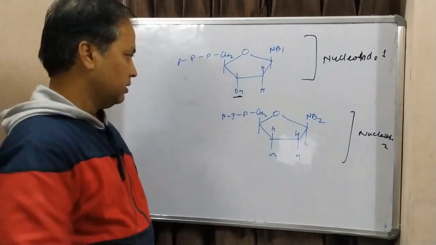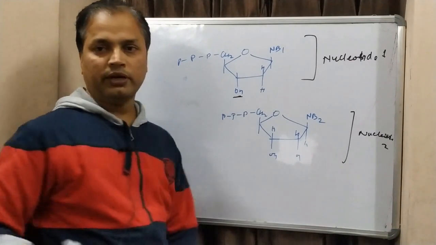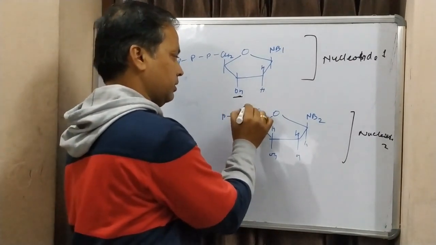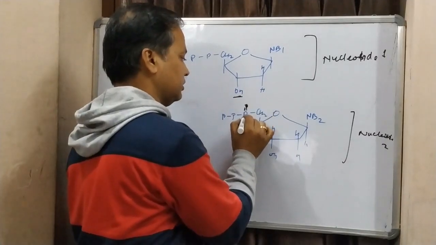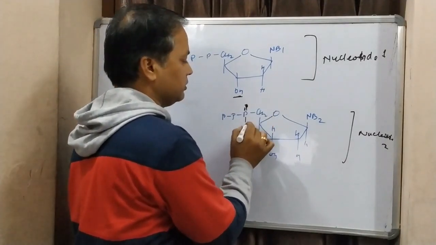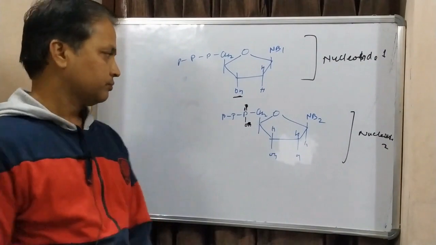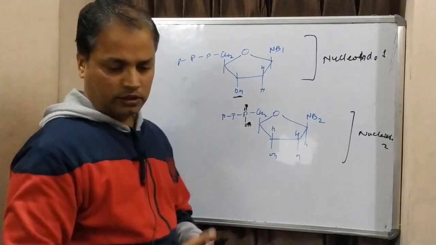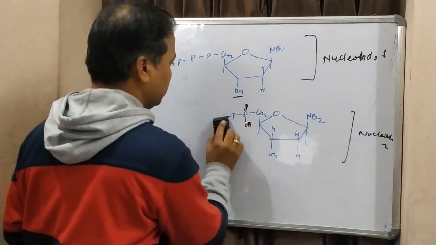So what will happen at this place? On one side we have oxygen, and on one side we have OH, which I told you about in the case of O-. So this and this combine together and form a bond like this.